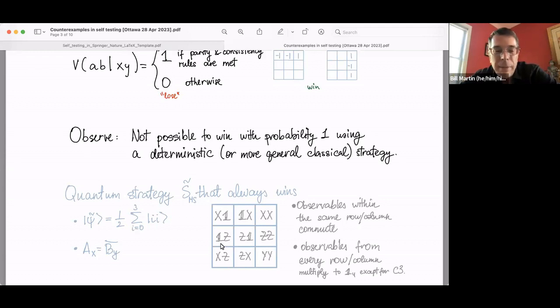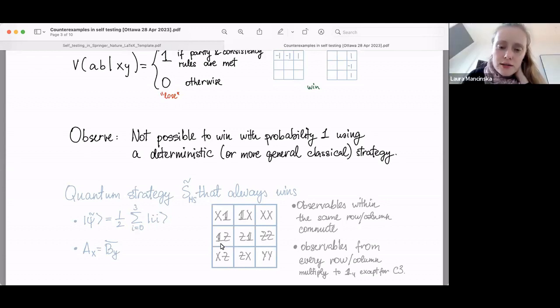I pick a basis in which, say, the operators in the second row are all diagonal. So when Alice is asked to perform measurement for the second row, she measures in that basis. And from the basis information, every one of those basis elements will be a plus or minus 1 eigenvector for each of the 3 operators.